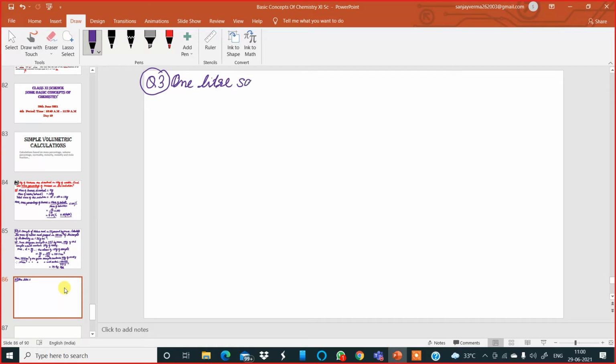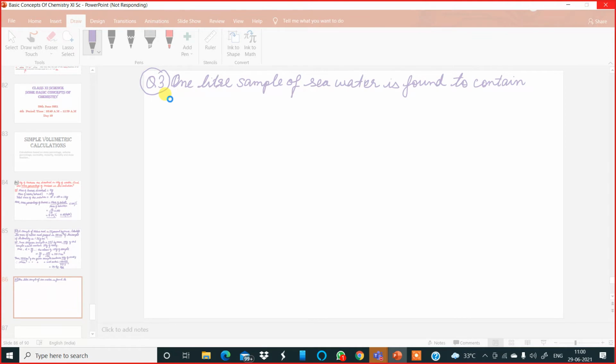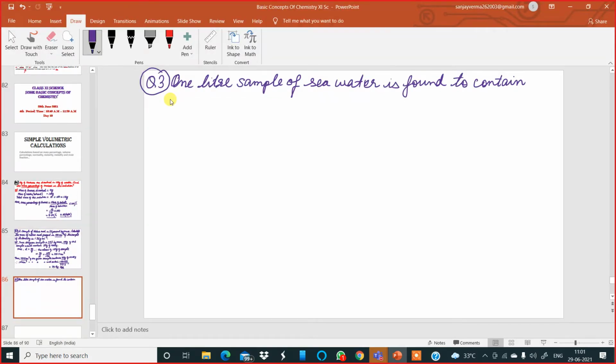1 liter sample of seawater is found to contain 5.8 into 10 to the power of minus 3 grams of dissolved oxygen gas.